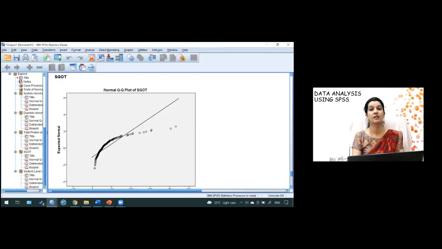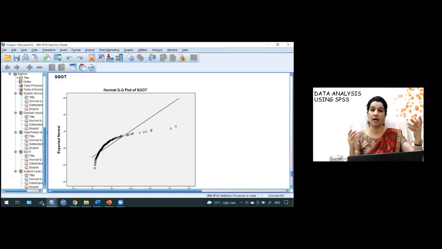So there may be instances when Shapiro-Wilk and QQ plot will give the same conclusion. Like in the first case, SBP was normally distributed by visual inspection, and the Shapiro-Wilk value was also 0.166, so it was normally distributed.